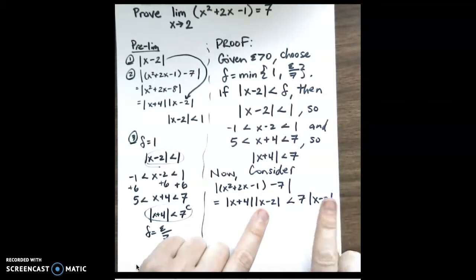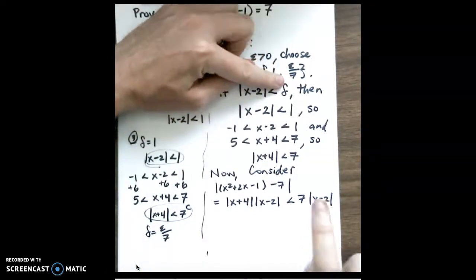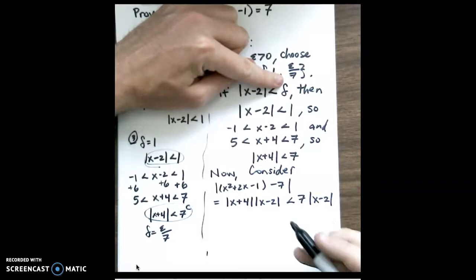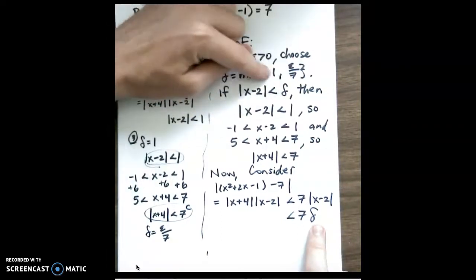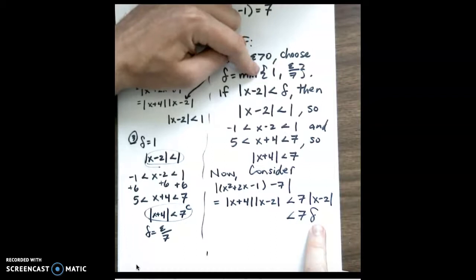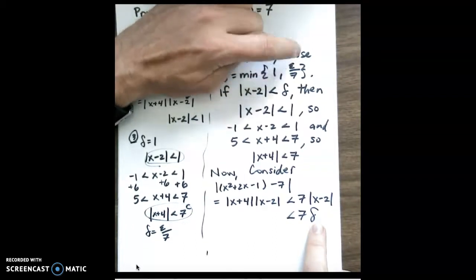If x minus 2, we said earlier, is less than delta, then we can say 7 times x minus 2 is less than 7 times delta. And if delta is one of these, and we want to get epsilon, we can choose delta to be epsilon over 7.